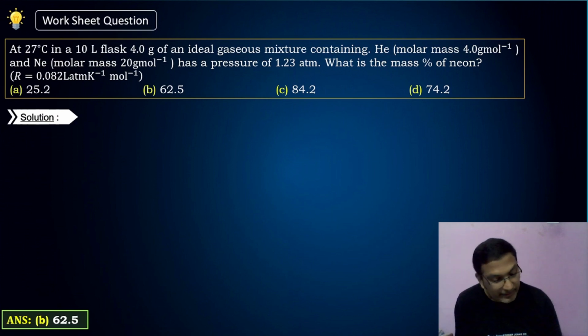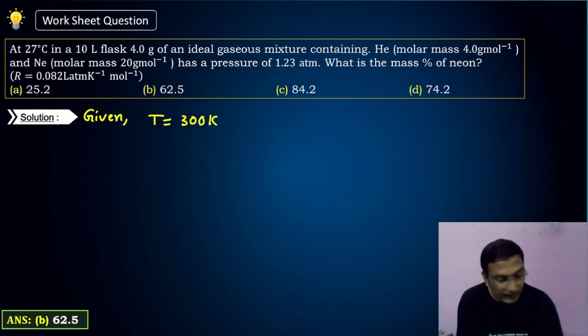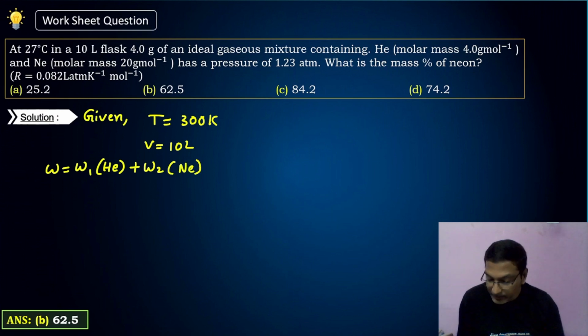So here given, first temperature 27 means 300 kelvins. Next volume 10 liters flask. Next weight. So W1 of helium plus W2 of neon will be equal to 4 grams. Say this is expression 1.